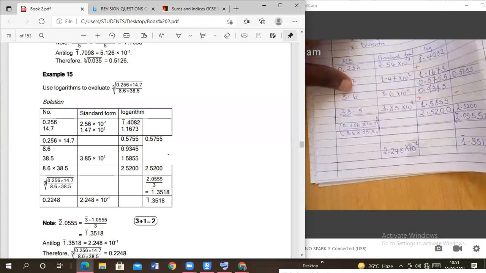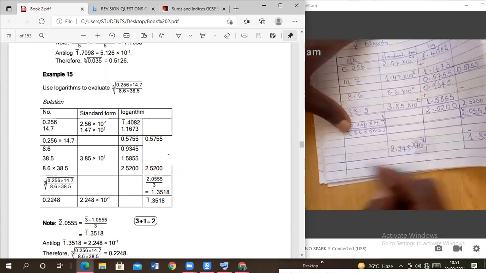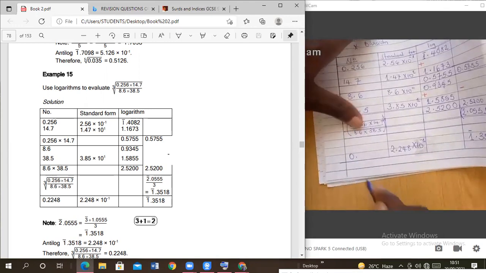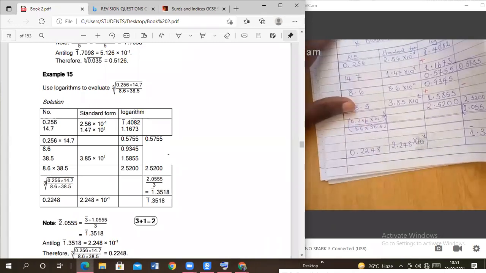Yes. Now, this number here is raised to the power negative 1. What does it mean? It means we are dividing it by 10. Not so? Yes. Which means this one is going to be the same as 0.2248. Members, have you seen that? Yes.